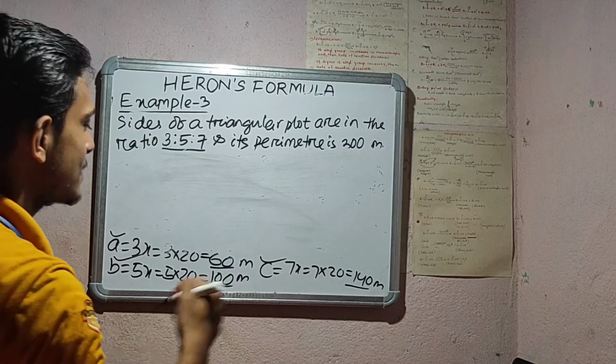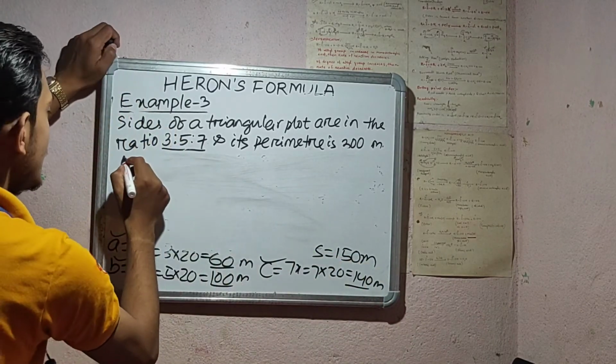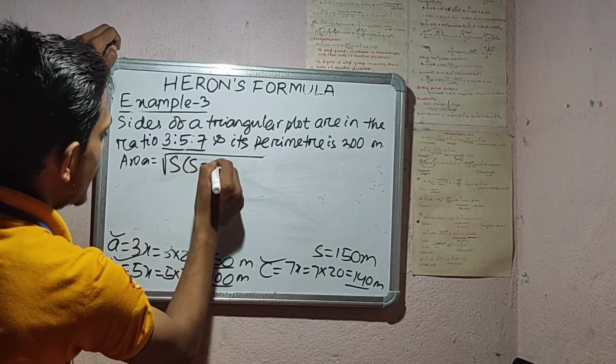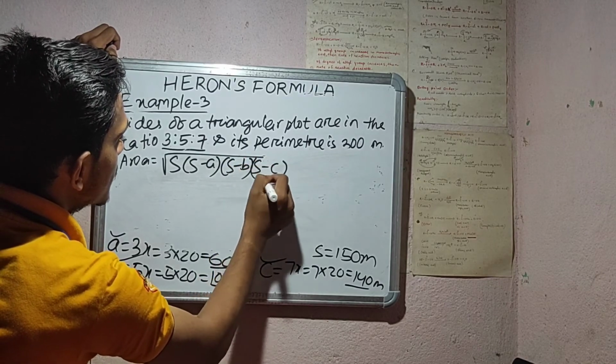So I have the data here. Area equal to the square root of s multiplied with s minus a, multiplied with s minus b, and multiplied with s minus c.